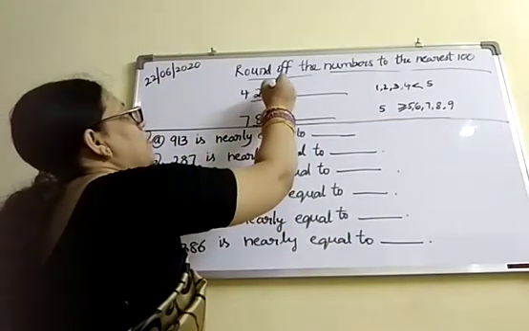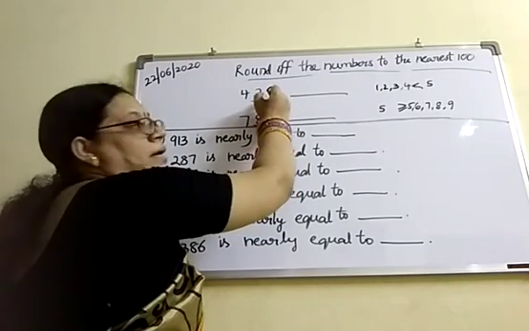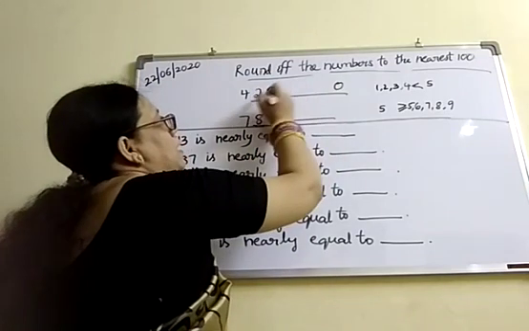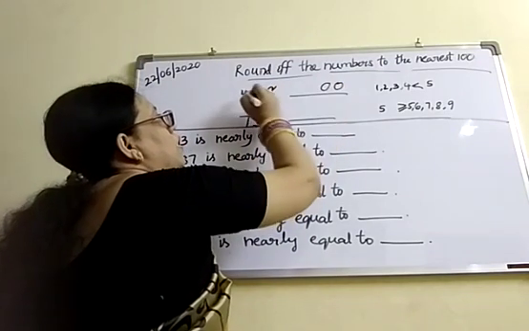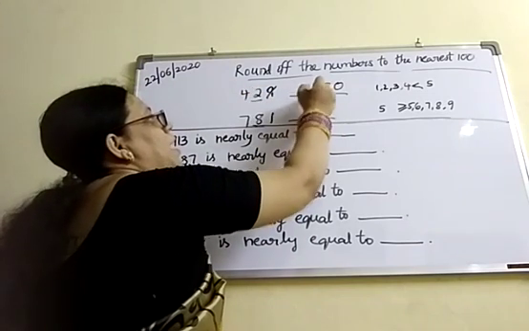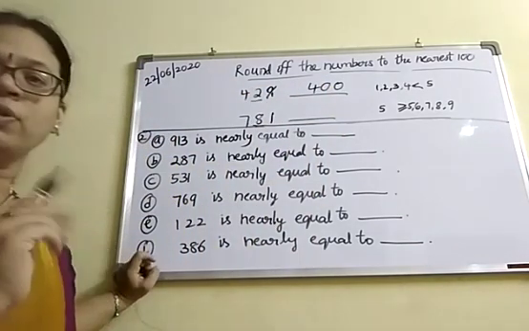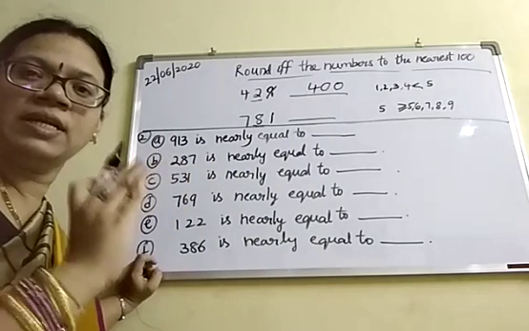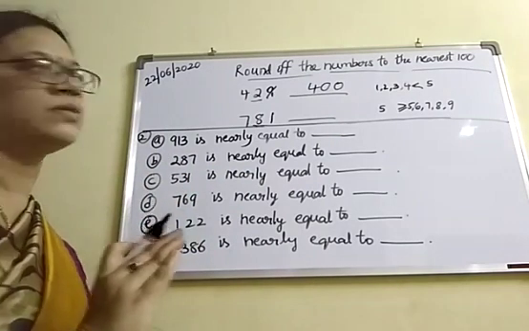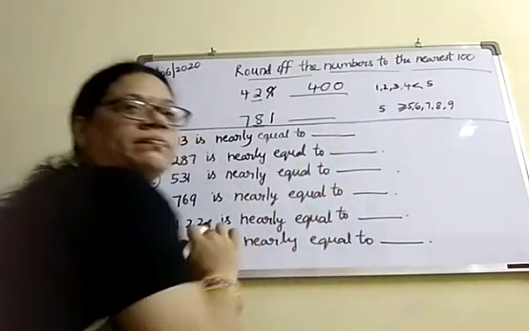What is the rule? You replace the ones place number by 0 and the tens place also by 0, and you write the hundreds number as it is. We only replace the ones and tens places by zeros if it is less than 5.